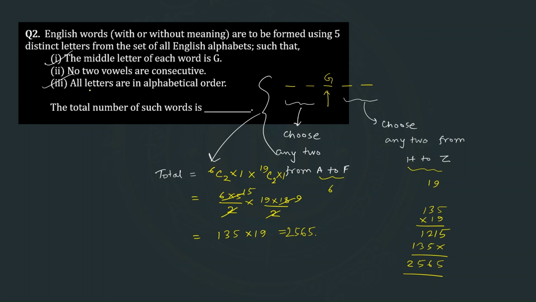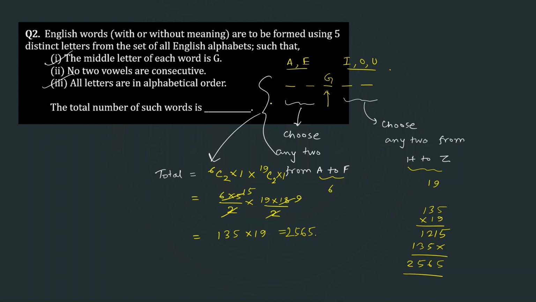Now we have to subtract from this total those cases where two vowels are consecutive. So from A to F, how many vowels are there? There are two vowels, A and E. And from H to Z, there are three vowels, I, O, and U. So for the words that have two vowels as consecutive letters, we can determine by filling these places with these vowels.